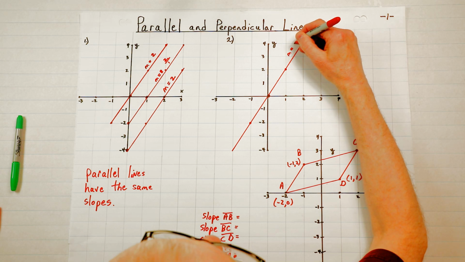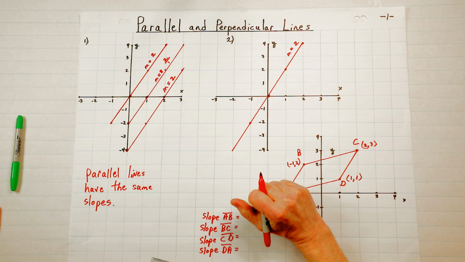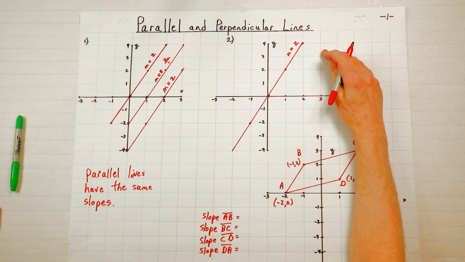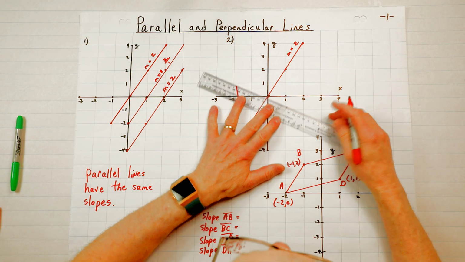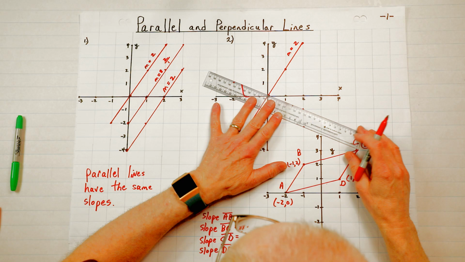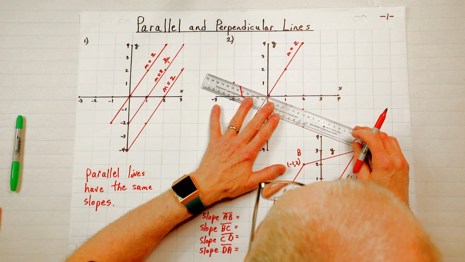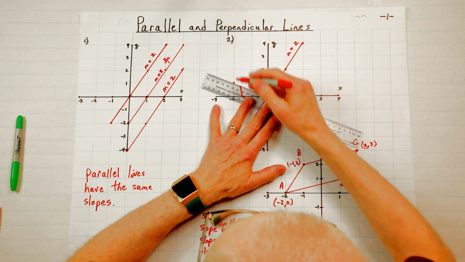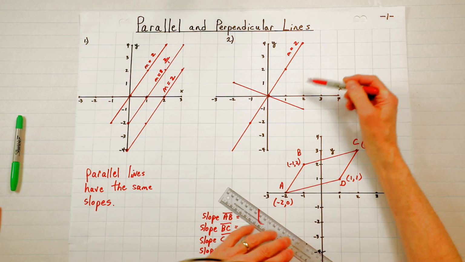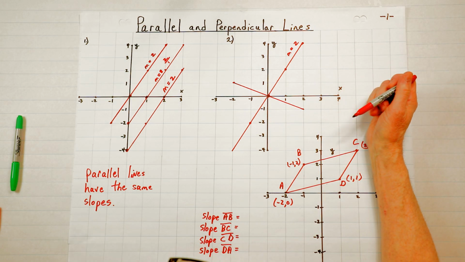Agreed? 2 or 2 over 1. Now, what if I draw a line that's perpendicular to this line? Okay, I'm going to do that now. I know where it has to go, so that's what I'm doing. Now, because of this homemade graph paper I have, that might not look like it's perpendicular to the original line, but it is.